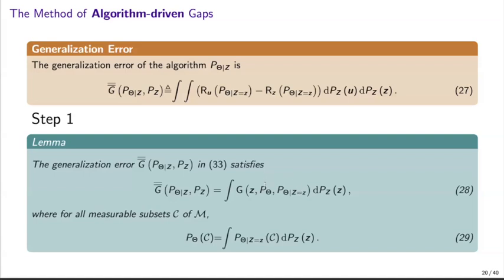So from the probability point of view, this is just the marginal of the product P theta given Z times PZ. So this is the marginal of the joint. But intuition-wise, we are changing an algorithm that depends on the training, the algorithm we are studying, to an algorithm that does not depend on the training data set.